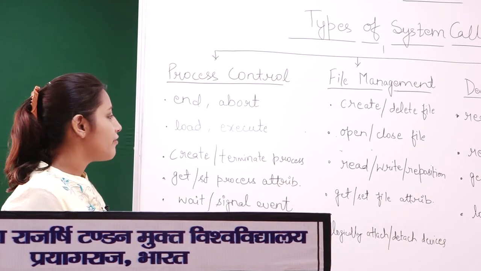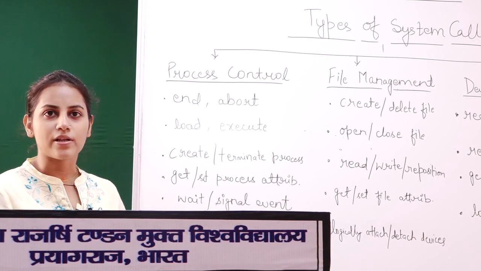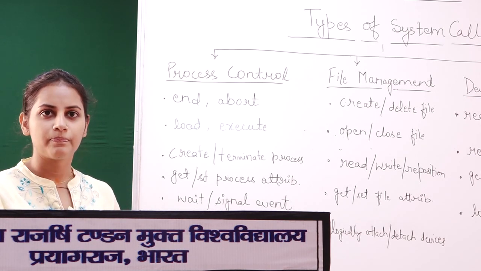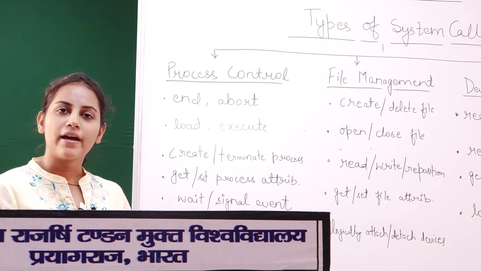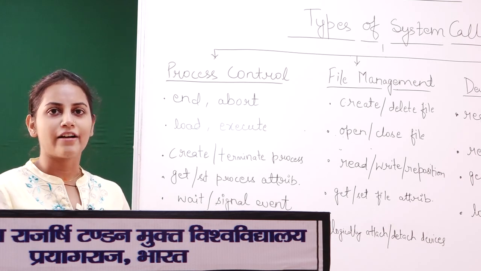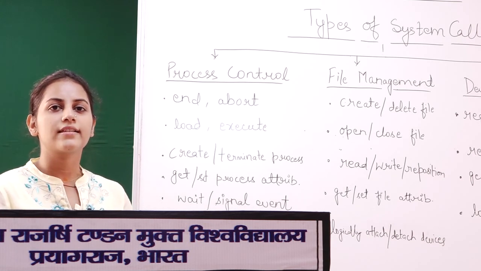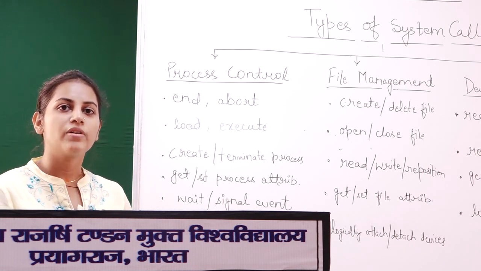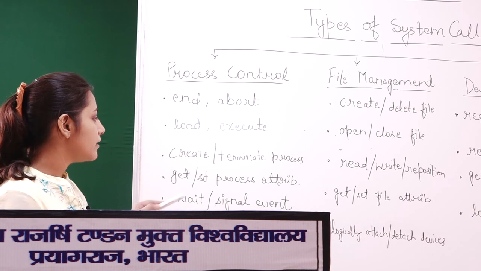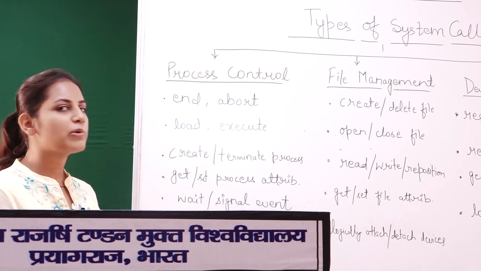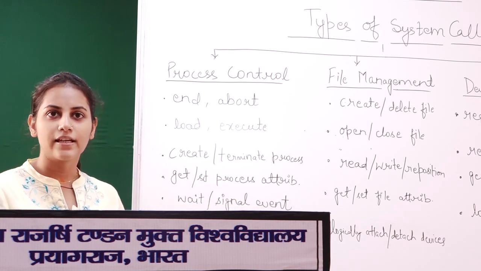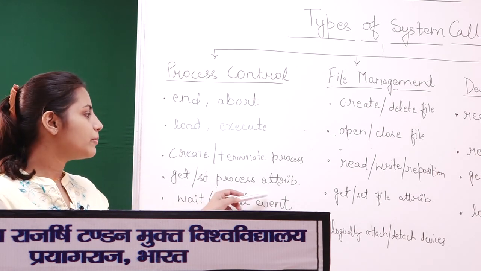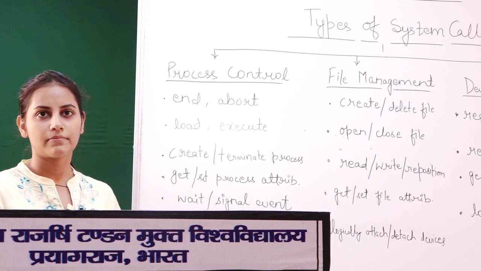Then, when a process is created by another process, there are certain attributes associated with it. The parent process must have the ability to control the execution of the child process. This can be done by setting the attributes related to the child process. For this, there are system calls related to getting and setting the attributes of different processes.